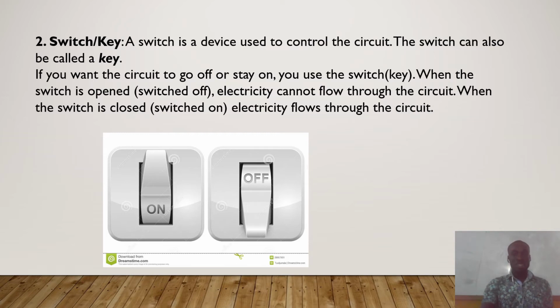When the switch is opened, that is switched off, electricity cannot flow through the circuit. And when the switch is closed, that is switched on, electricity flows through the circuit. You have a picture of a switch there as well.